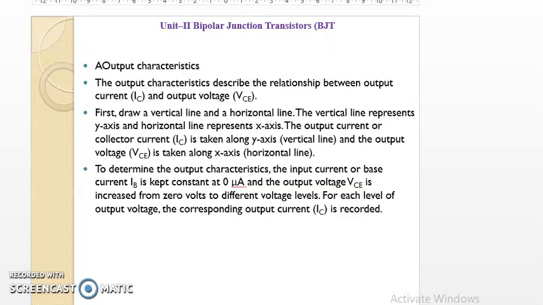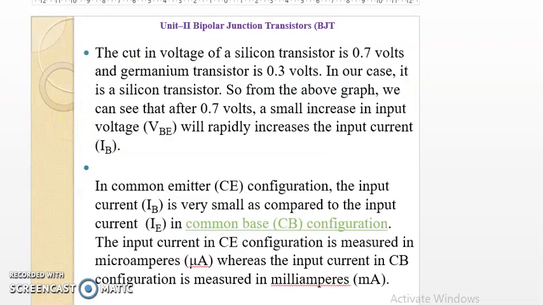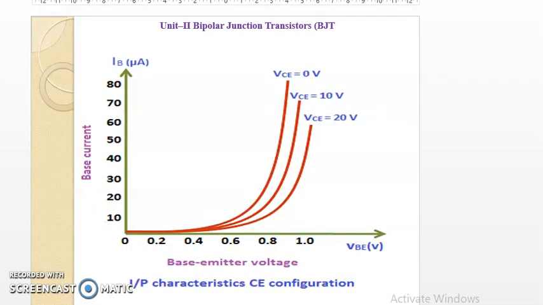Now what about the output characteristics of a transistor? Before discussing the output characteristics, once more we revise this graph of input characteristics. Here up to 0.7 volt of VBE, there is no rapid change in base current, input current.